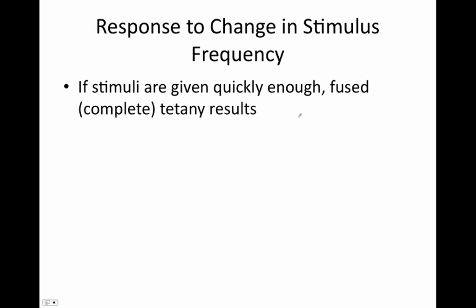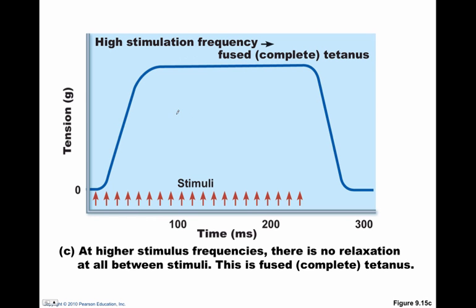If stimulation is given quickly enough, we have a fused or complete tetany. That looks like this, when we have stimuli that continue to fire, and we just have that muscle completely locked into contraction. We're fully releasing calcium the whole time in the sarcoplasmic reticulum.